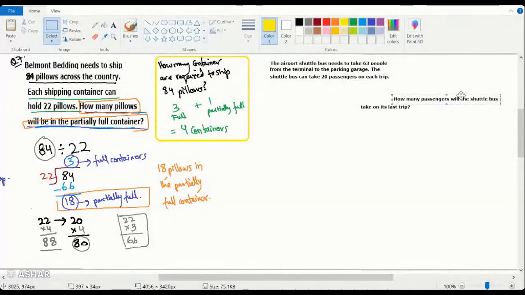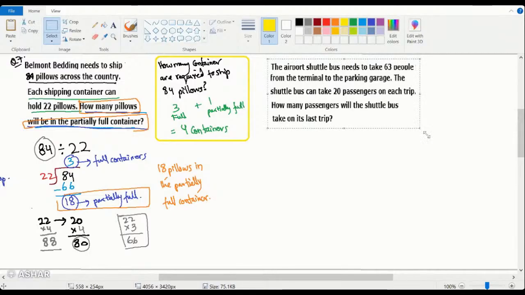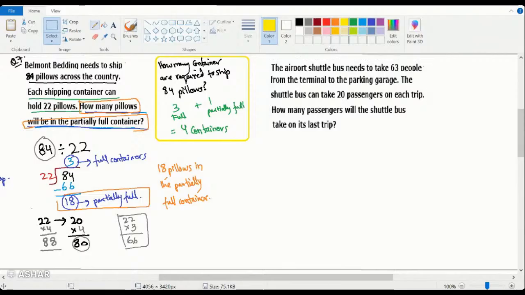How many passengers will the shuttle bus take on the last trip? Okay, so let's do some questions. Let's change these values and see what can be done. Question number 8. The airport shuttle bus needs to take 63 people from the terminal to the parking garage.